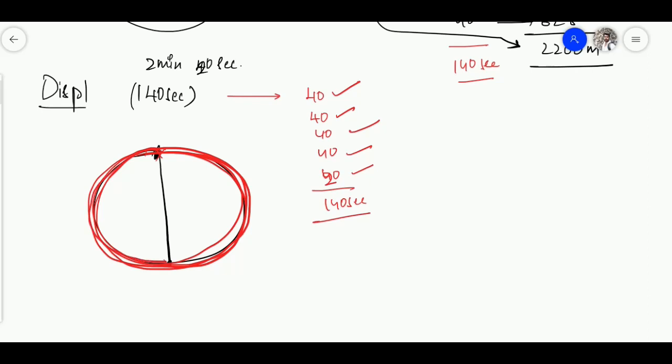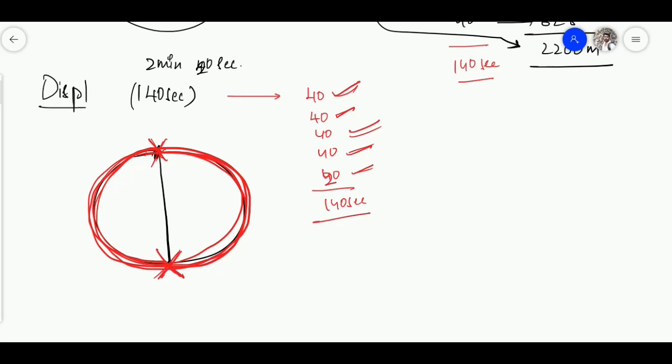For a single 40 seconds, if he is covering one whole round, for 20 seconds obviously he would be making a half round. So he started here, coming to the fifth lap. This is the first lap, second lap, third lap, fourth lap. But coming to the fifth lap, he ran for only 20 seconds. That means he ended up at half of the distance, exactly the opposite point, since it is a circle.